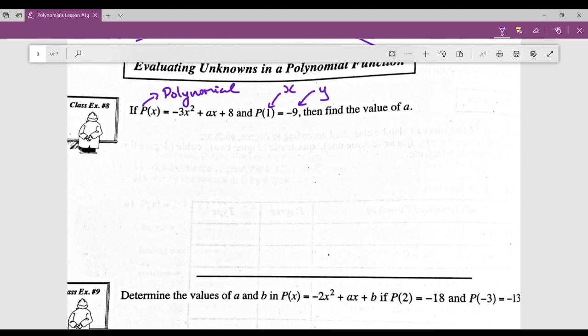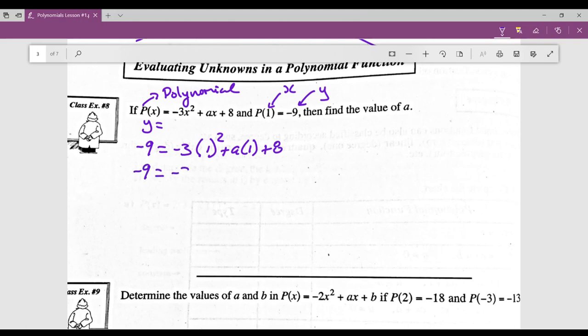Well, put in 1 for your x's, put in negative 9 for your y, because remember this is the same as y equals all that. So if we put negative 9 is equal to negative 3, 1 squared, whatever you sub in, put it in brackets, please. You get that.